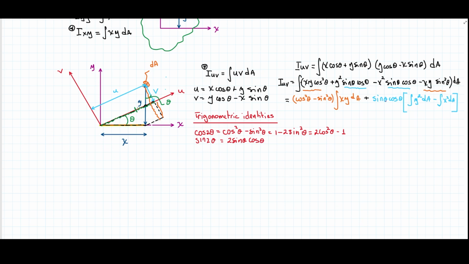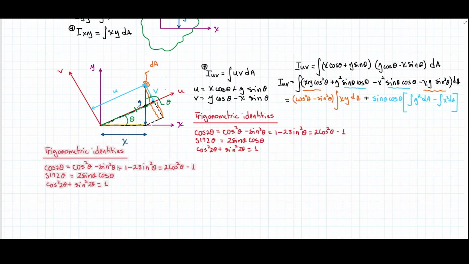This is something that we have here, and also here. Then we have another one that is a typical one that we all know: cosine square of theta plus sine square of theta equals 1. And let me move this one from here because I'm going to need this space.